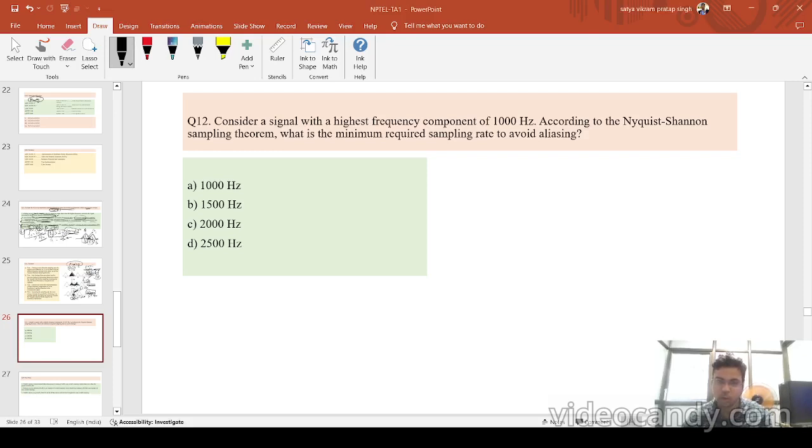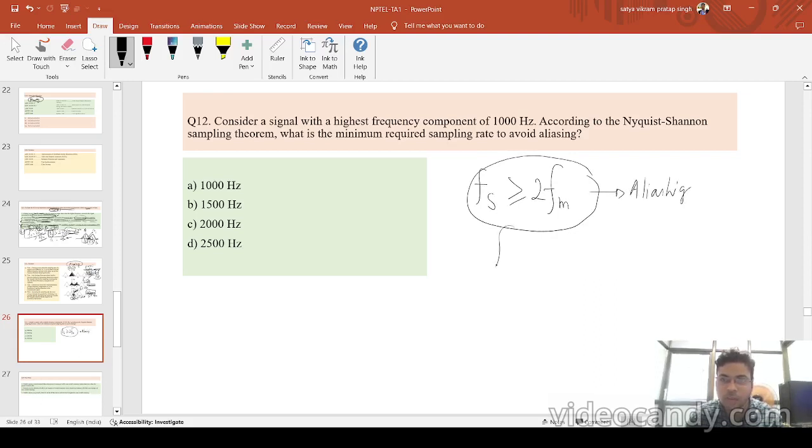Okay, let's jump to the answer part. Let's see which is correct. What I have explained is that the sampling frequency should be greater than or equal to twice the message signal frequency to avoid aliasing. But practically, Fs should be greater than 2 times FM. So the question is saying, consider a signal with a highest frequency component of 1000 Hz.